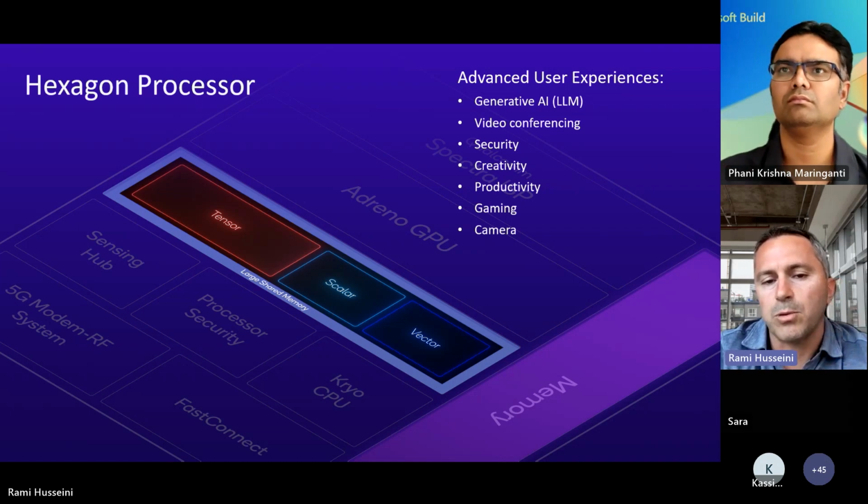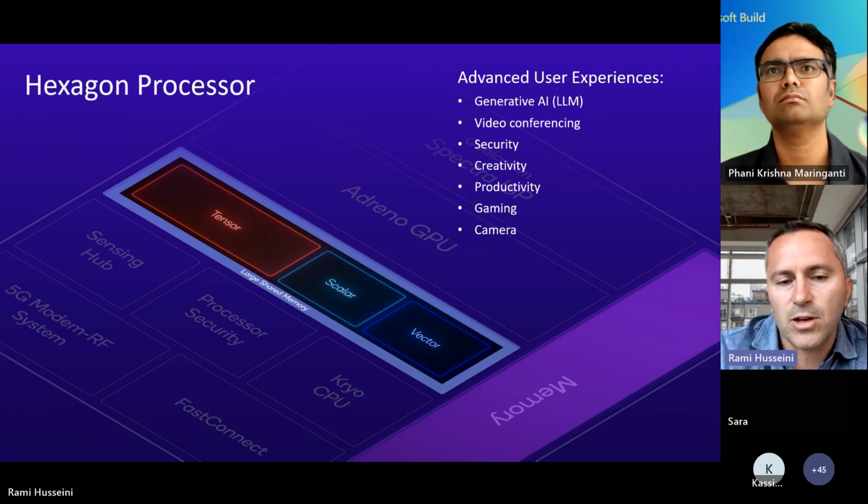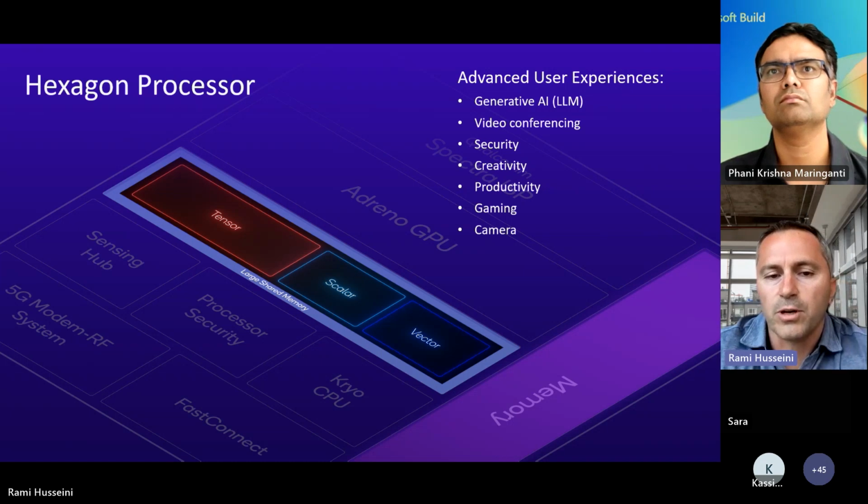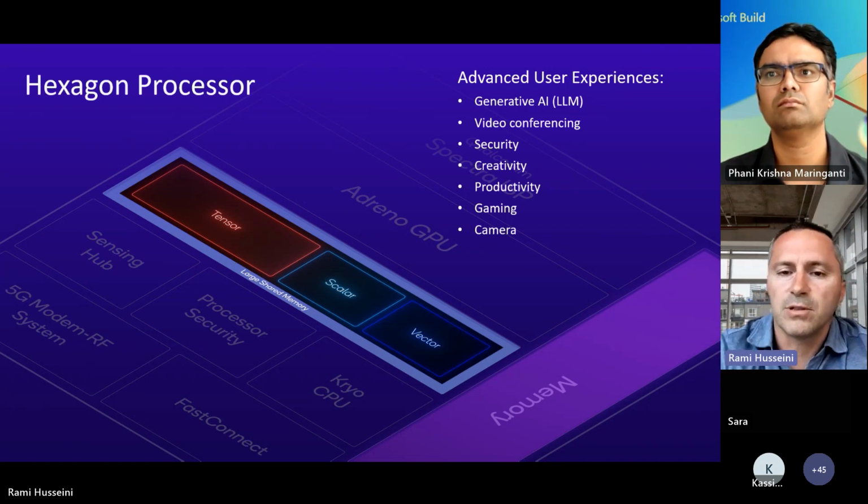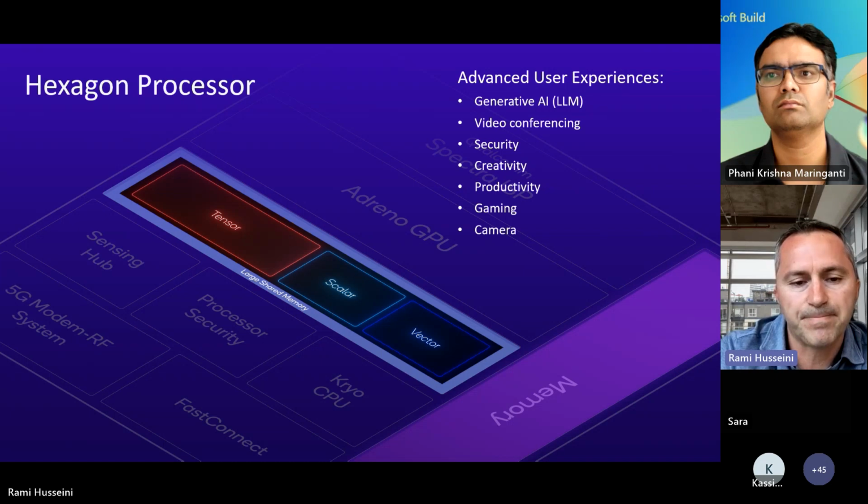We have different hardware blocks within the Hexagon processor that are tailored for those types of calculations that all bubble up to deliver the experiences listed here. And again, the really cool place to see this all come to life is at the Qualcomm booth at the Build conference, where we'll have different demos across different spaces to showcase some of this.